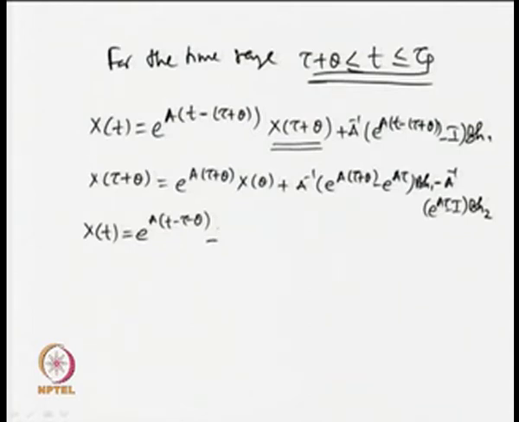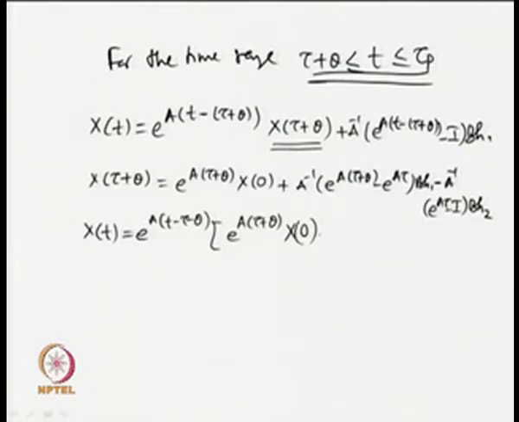x(tau plus theta) will be substituted over here. So, finally, giving us the form e to the power A(tau plus theta) x(0), sorry, this is not theta, this is equal to x(0).